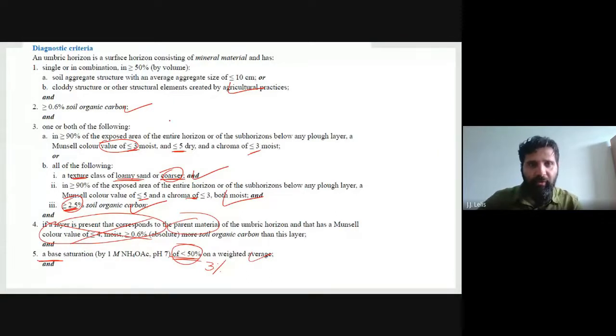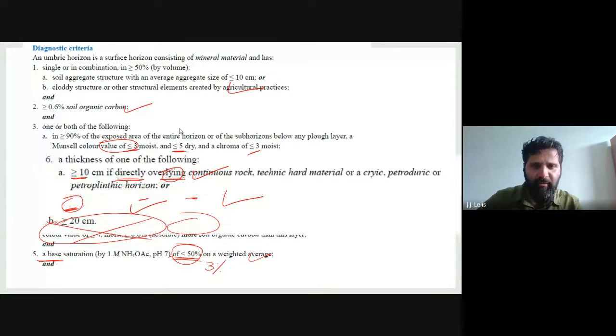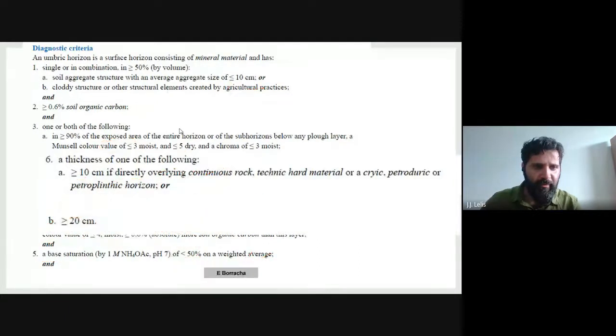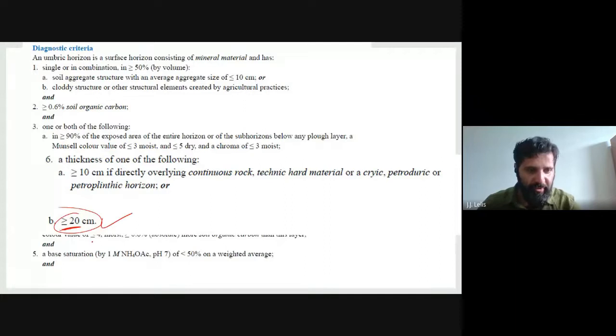So it follows all the criteria, so it's an umbric horizon. I think that we have this. We have to present at least 20 centimeters, because over the rock we don't have this information, and we follow this criteria too, because we have 35 centimeters of thickness, okay?